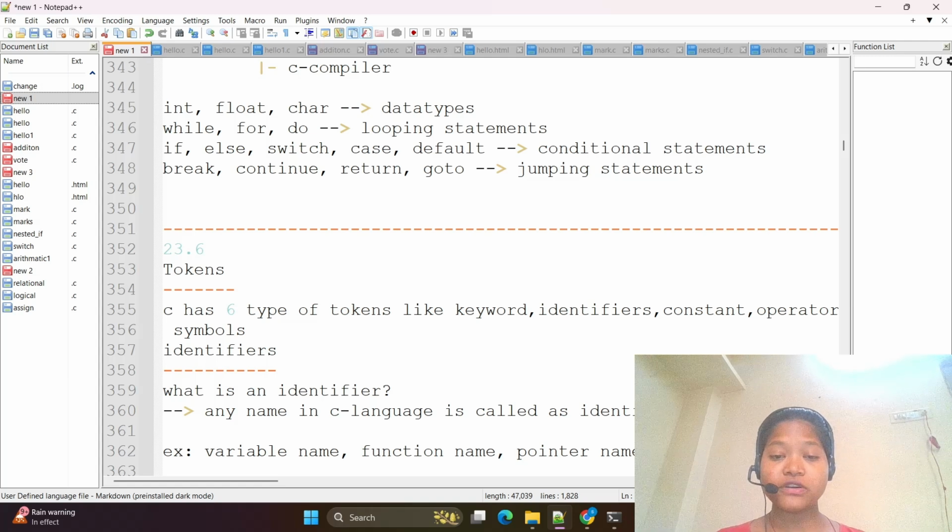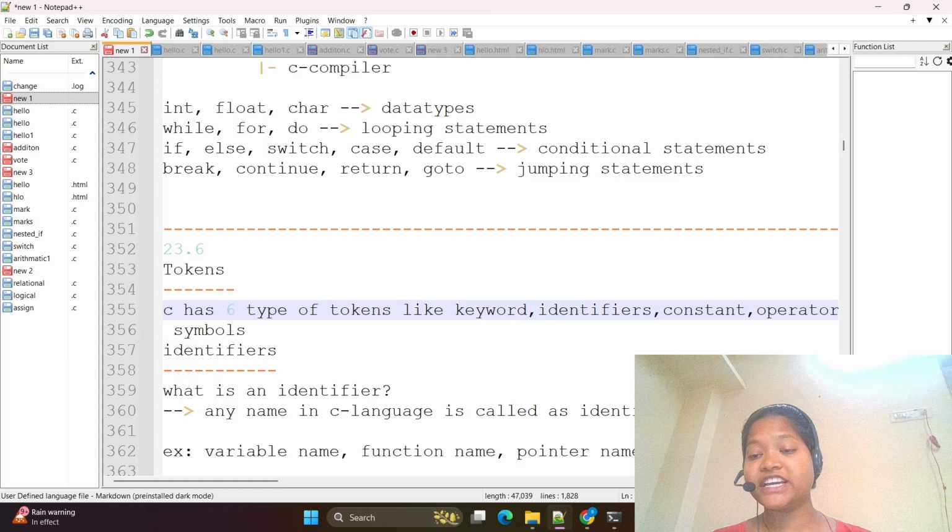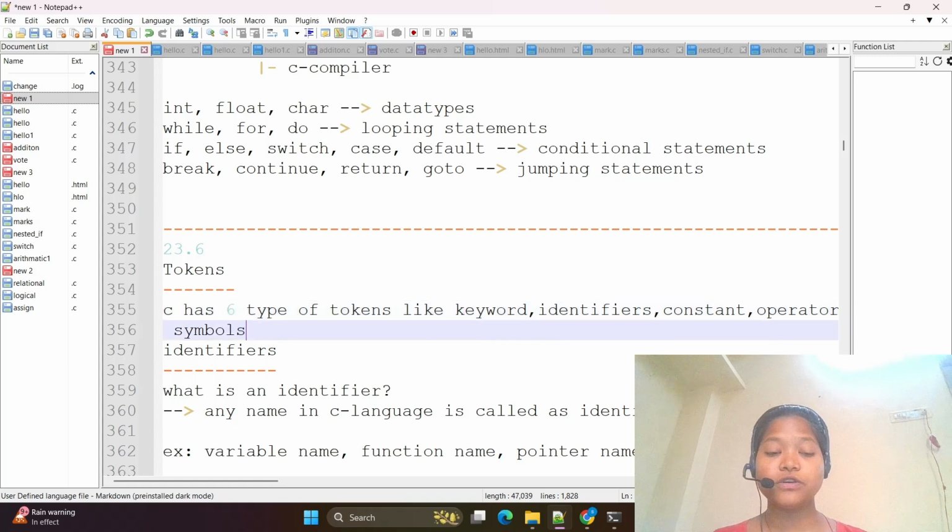So a program consists of keywords, identifiers, constants, operators, symbols. A whole program is basically divided into small parts, and each part is considered a token.